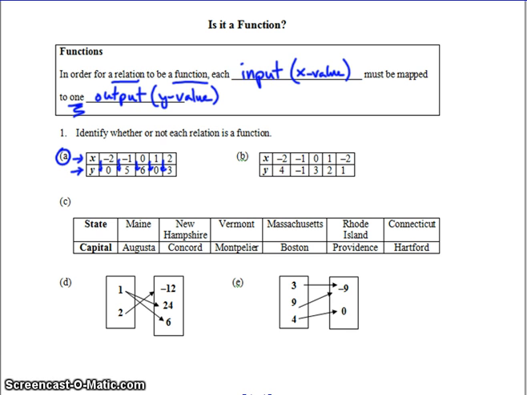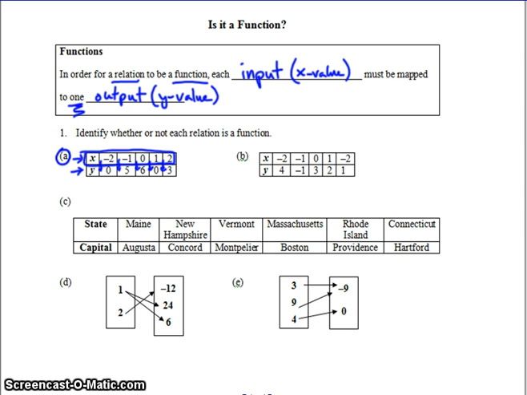Now, a function is when all the inputs, and in this case my inputs are -2, -1, 0, 1, 2, have just one answer or one output, which is your y value.